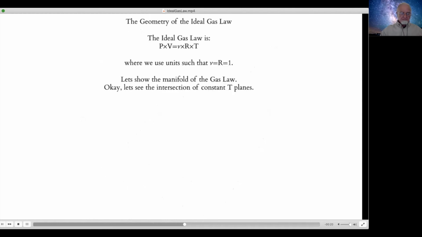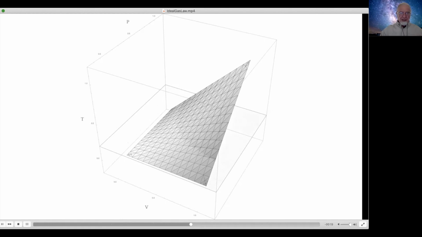So we'll take a look at those. And as you put the plane there, you see that it starts cutting at a particular place, and you get a line that goes there.